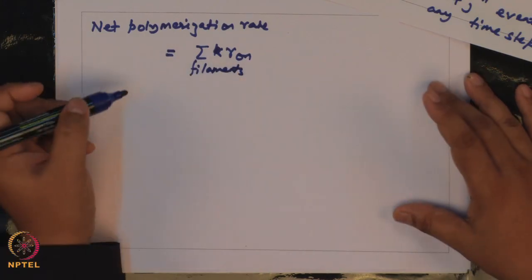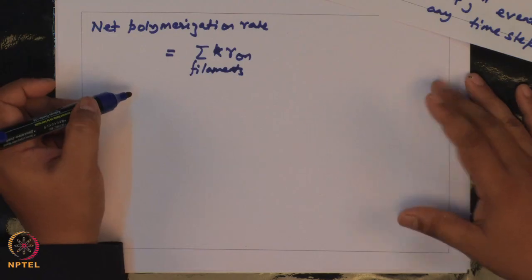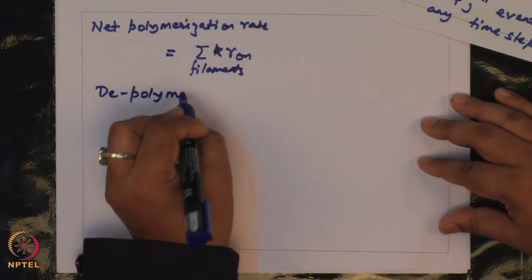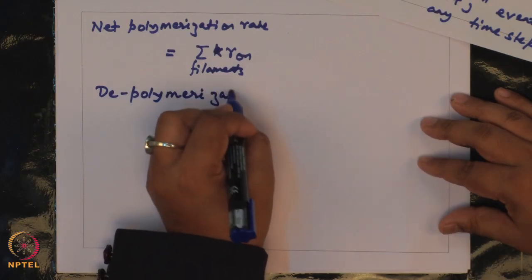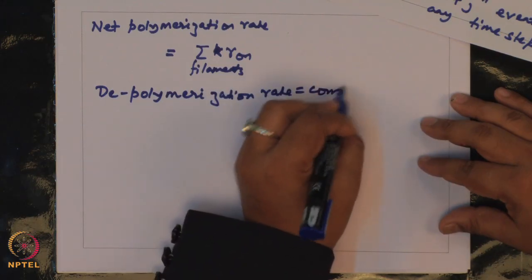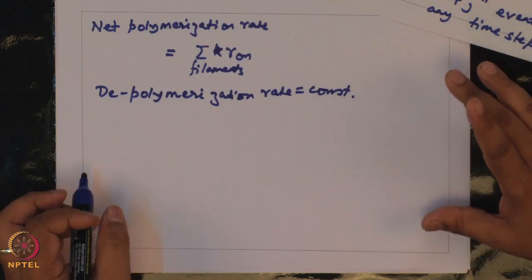Similarly, you can find the net depolymerization rate. Typically in these simulations the depolymerization rate is constant. And you can have the branching rate also.